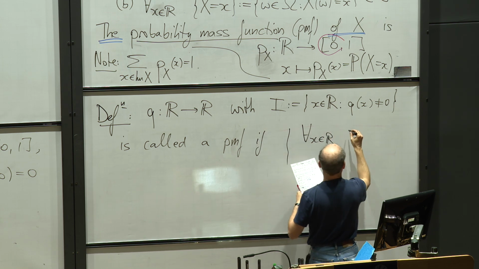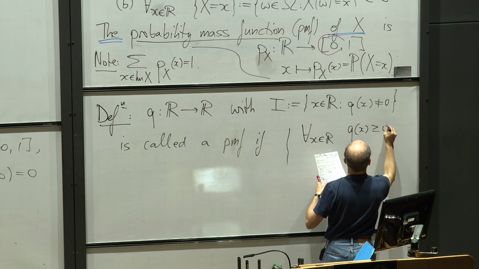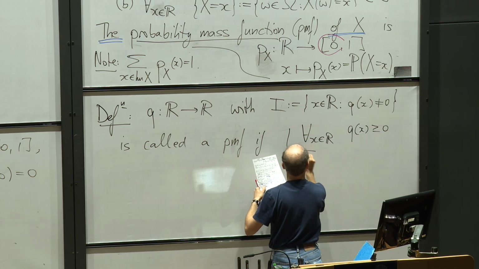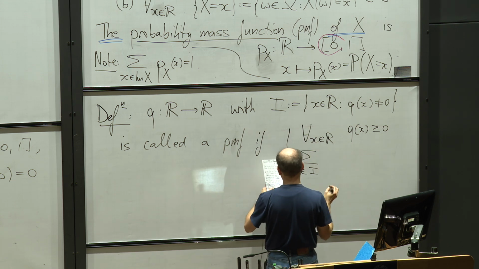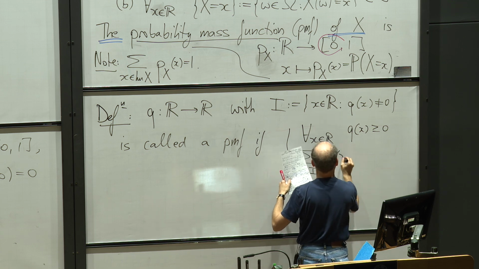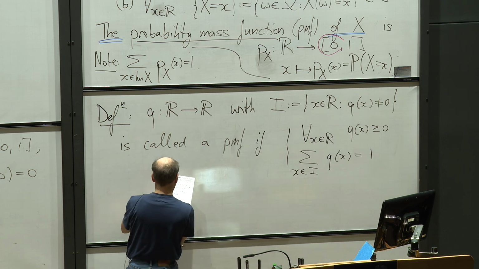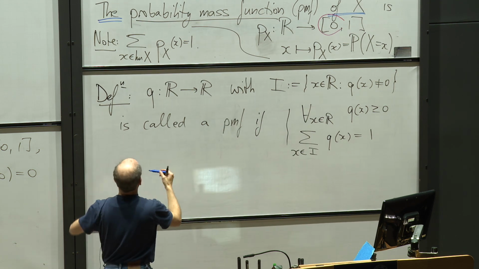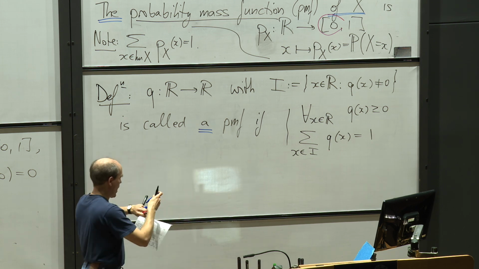For all x in R, we require q of x to be greater than or equal to 0, and the sum over all relevant x, namely the x in I, this is a sum over q of x's that equals 1. Okay, so here I've defined what I want to say is a probability mass function.